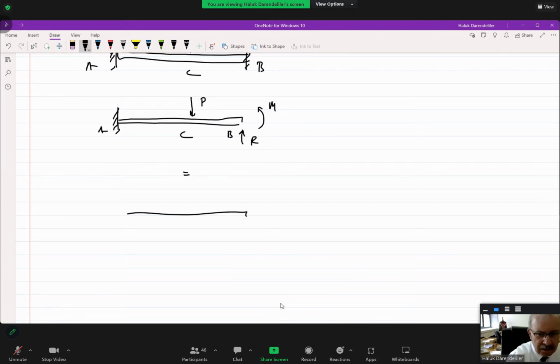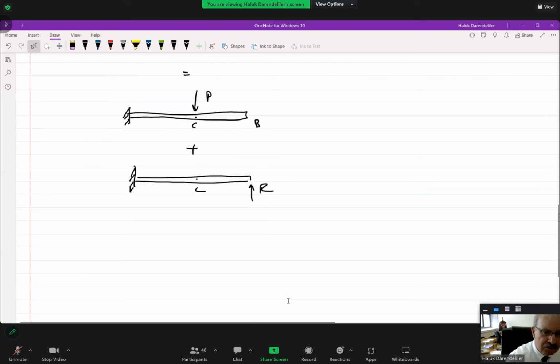This one, okay, this cantilever beam with the force P at C, this is B, plus another cantilever beam, at C, we are looking for deflection at C, but now there is only one force, the reaction force actually. And then we have another cantilever beam. We only have the moment M on the beam.